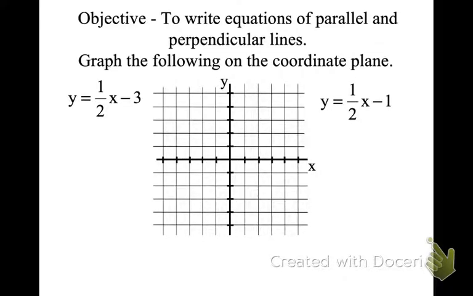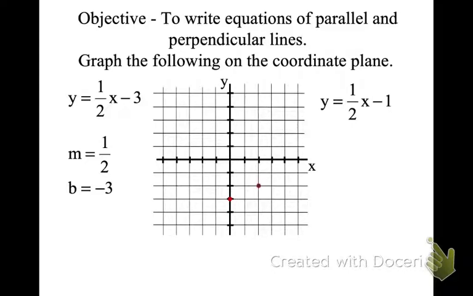Remember, the easiest way to graph is using your slope and y-intercept. Identify your slope, m, which is 1/2, and my y-intercept, b, which is -3. I'm going to start at the -3 on the y-axis, and then I'm going to rise over run to my other points.